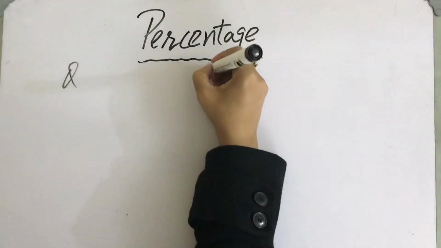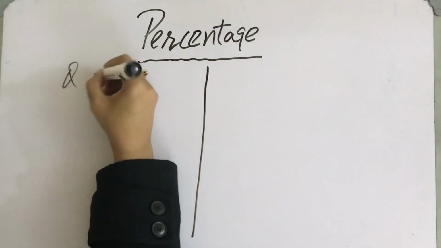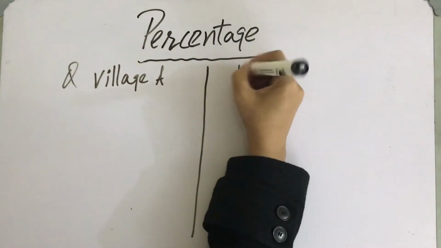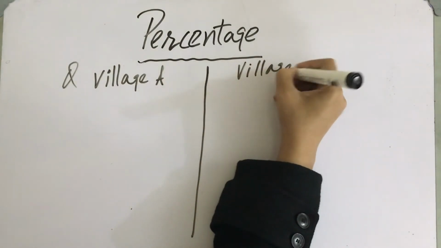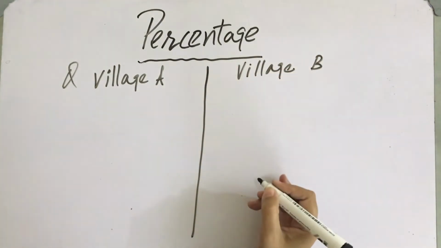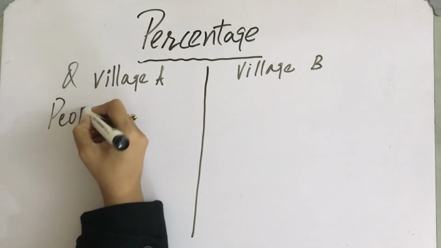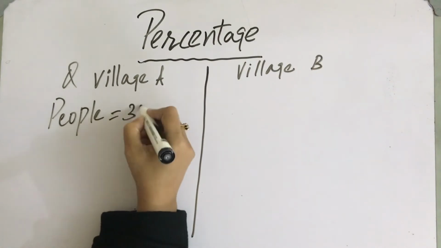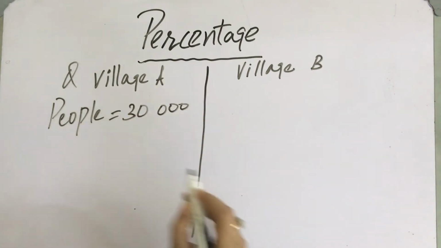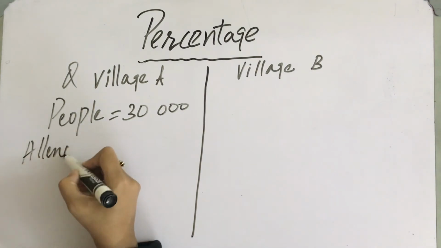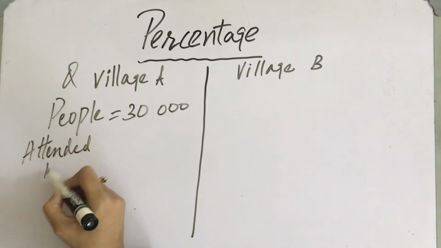The last question for today. There is a village A and village B. There are a total of 30,000 people in village A. Out of this, 4,000 people attended the New Year party.